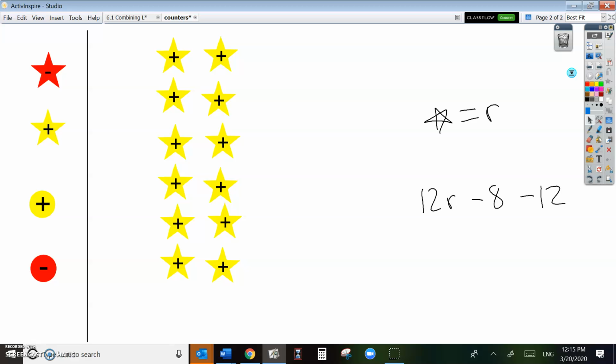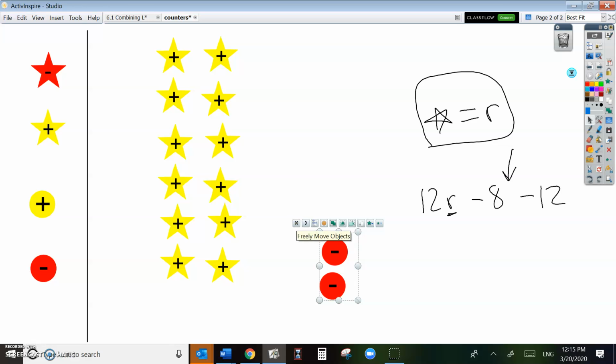I'm going to use my counters, though, for my minus 8 because there's no r on the 8. Remember I said that r is the star? So I can't put that together. I have to use the counters to represent the numbers.